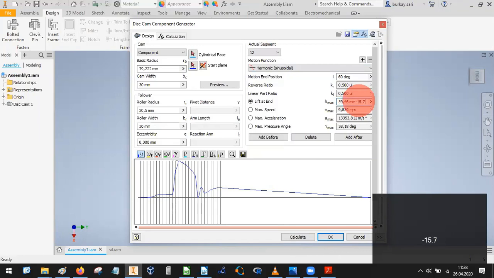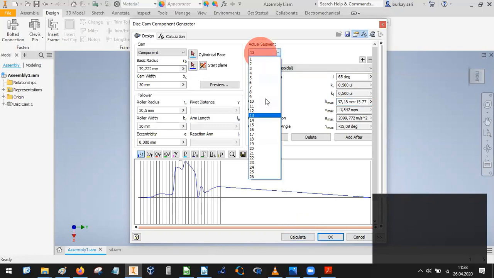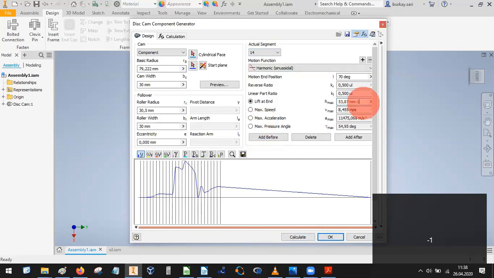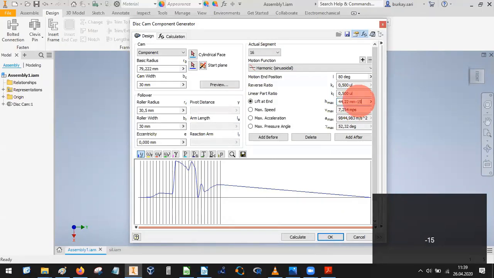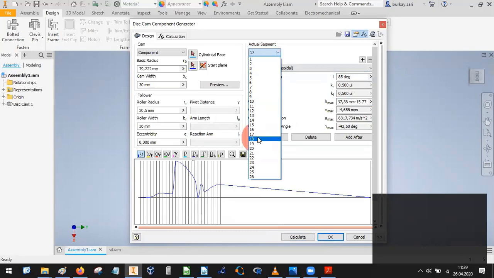Minus 15.77. 13, 15.77. 14, 15.77. 15, minus 15.77. 16, 15.77. 17, 15.77. We may have minus values.